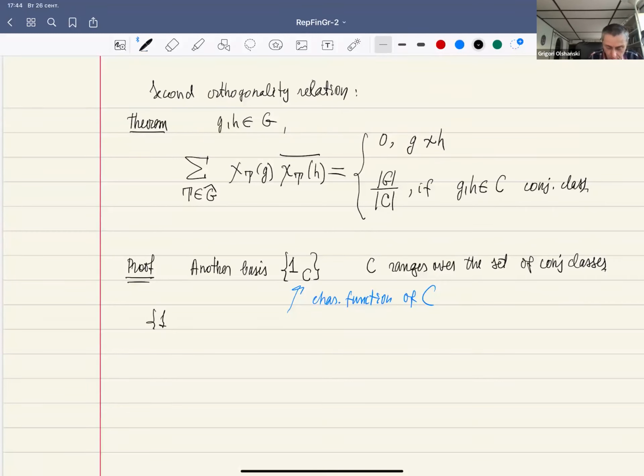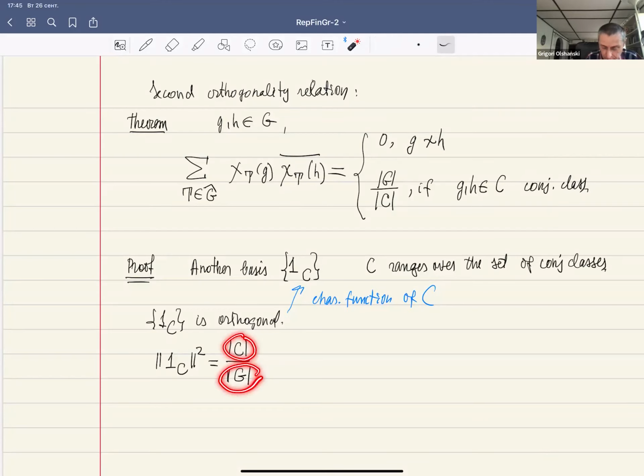What is also obvious? This basis is orthogonal. It's not orthonormal, but it's easy to see what the squared norm of this characteristic function is. It is equal to this quantity. Just take into account the very definition of the scalar product in the space of functions, which includes the factor 1 over the order of G, which explains the appearance of this quantity.